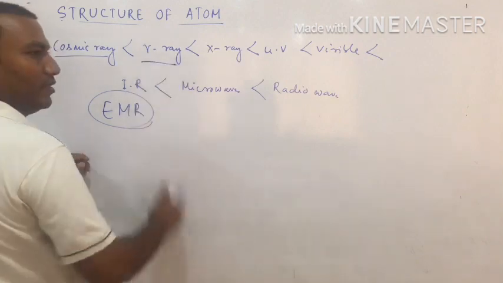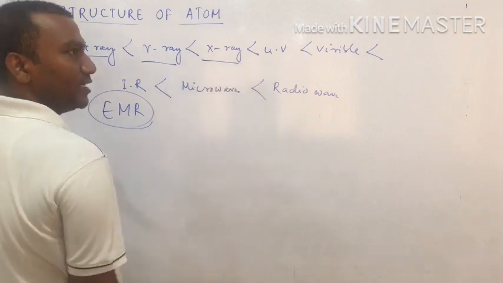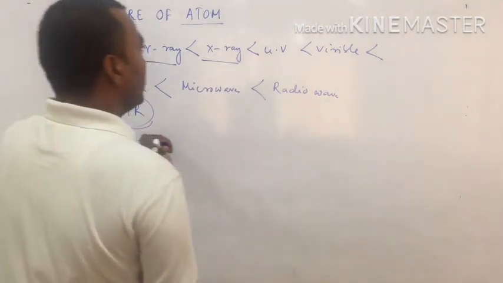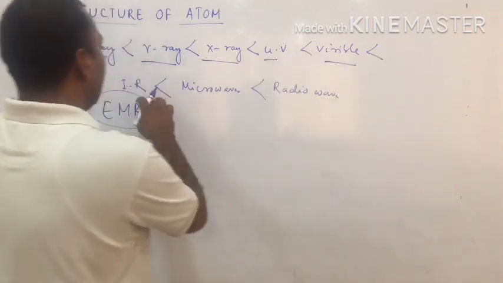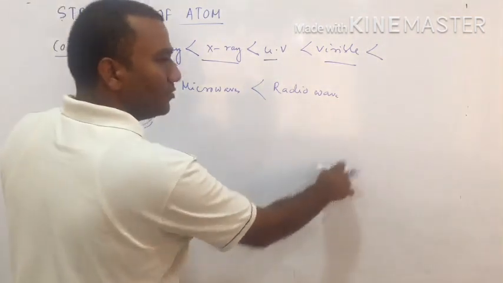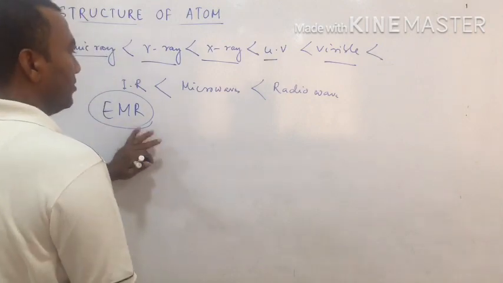Gamma rays are produced by radioactive elements. X-rays are produced by certain instruments. UV and visible are from sunlight. IR is related to infrared radiations from any light. Radio waves, like Big 92.7 FM. And microwaves.